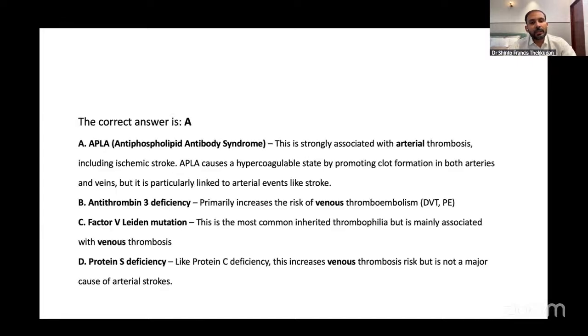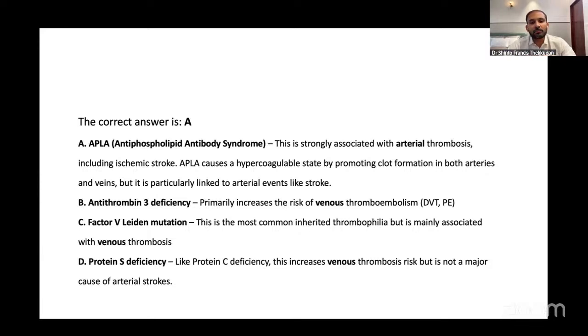Here I would pick A, antiphospholipid antibody syndrome, because it is associated with both arterial as well as venous thrombosis. We all know the antibodies we look for in APLA. It is basically a hypercoagulable state in both veins and arteries.